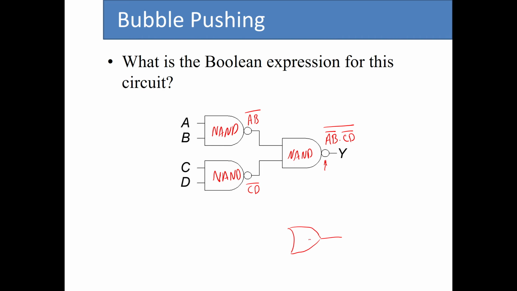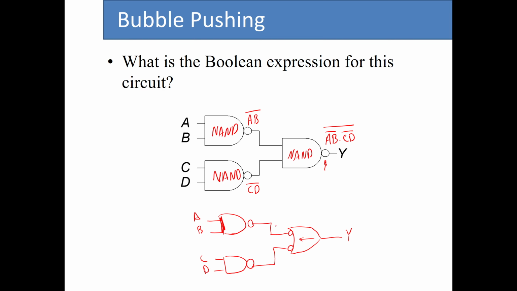Since it's an AND, it becomes an OR. And now we have bubbles at the inputs of the gate. Let me draw this one, this is the other one, and then we have A, B, and C, and D.